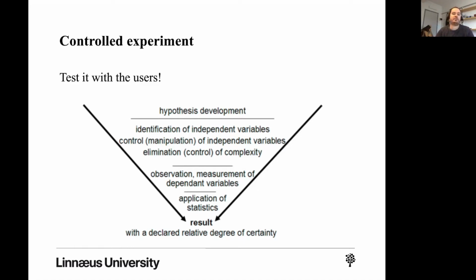And then after you've observed the dependent variables, you're going to apply some kind of statistics in order to determine what you can get from the hypothesis that you defined in the first place, right? And then you get some results with some kind of degree of certainty.